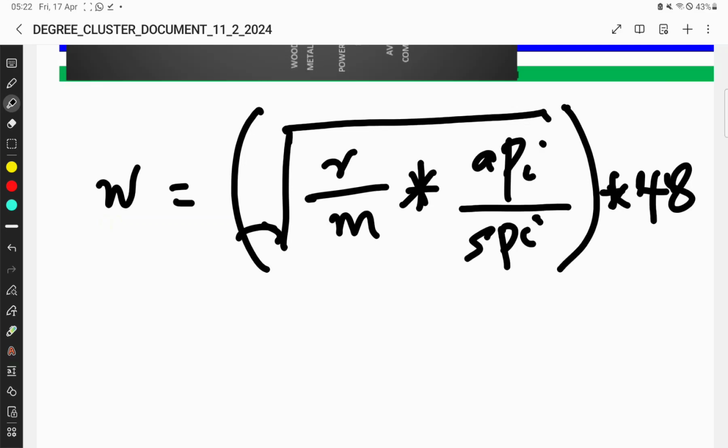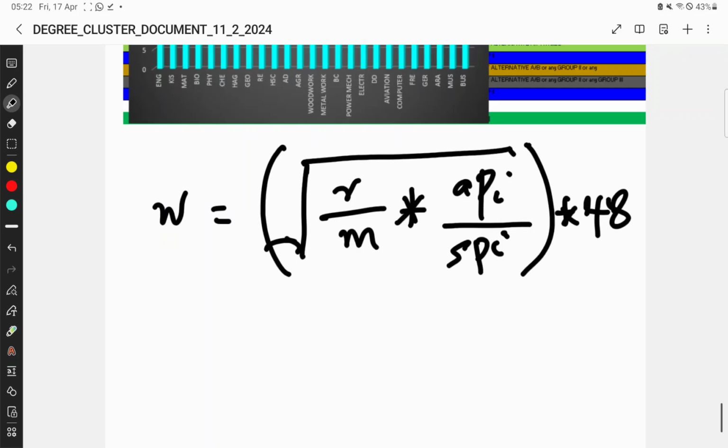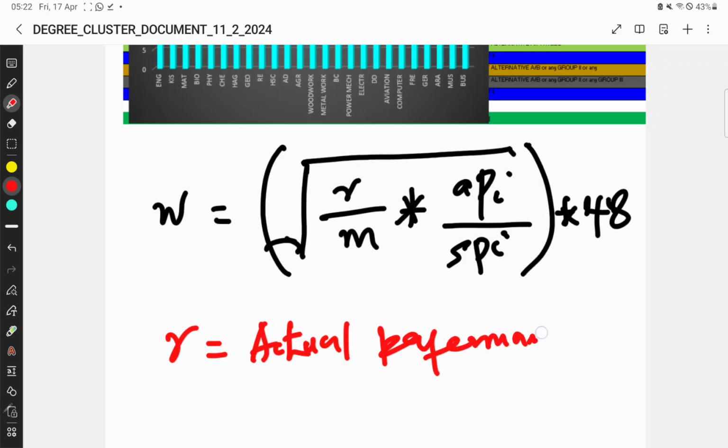So that's why when you go to the system, you get already input values for your different cluster weights in different programs that you would be interested in at the university. So what does this really mean? This is interpreted to mean that this R is your actual performance in that given subject.